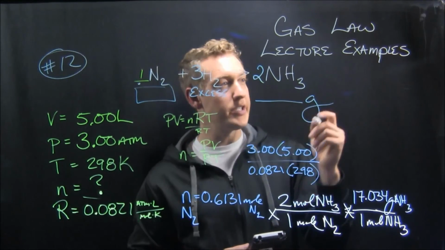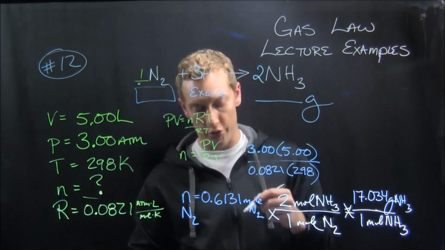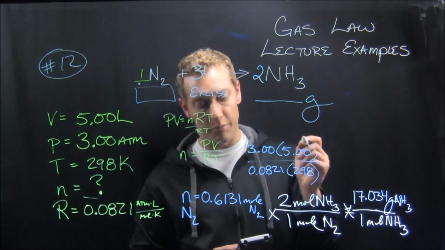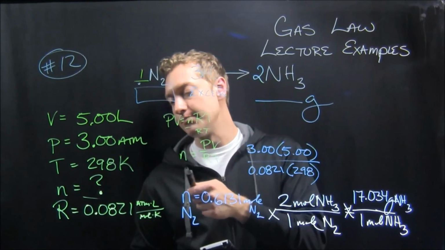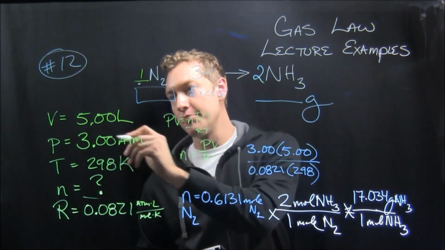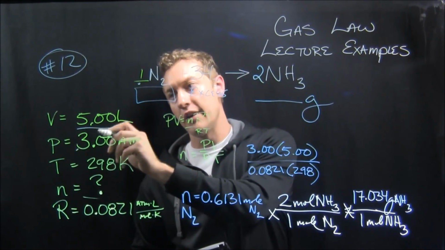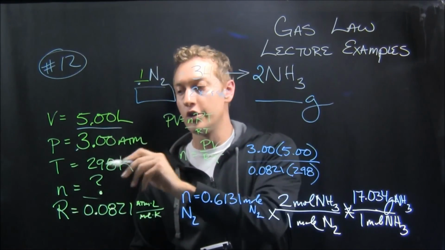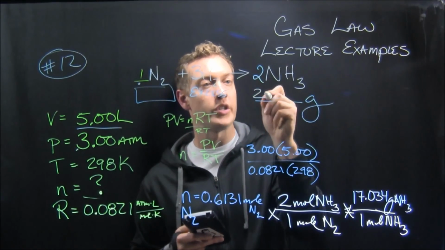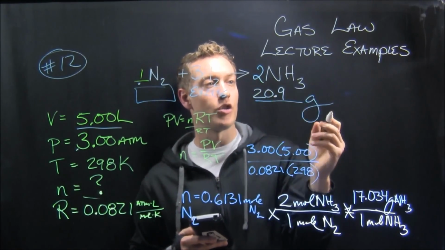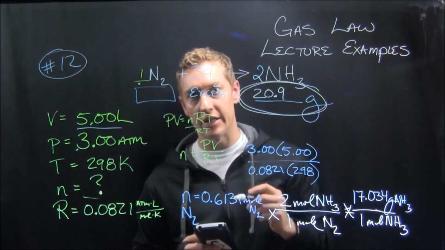On the calculator, the whole number comes out to be 20.887159. Looking back to the original problem, 5 liters, 5.00, 3.00, 298. So I'm going to round that to 3 significant figures. I'm going to call it 20.9 grams of ammonia. And that's going to be our answer.